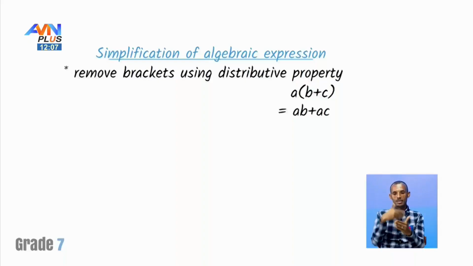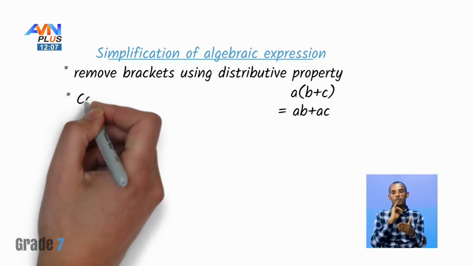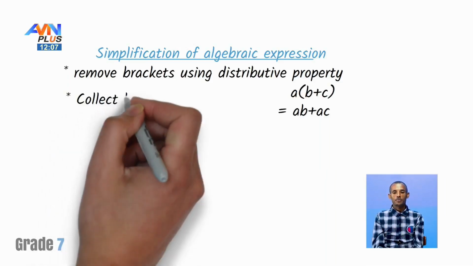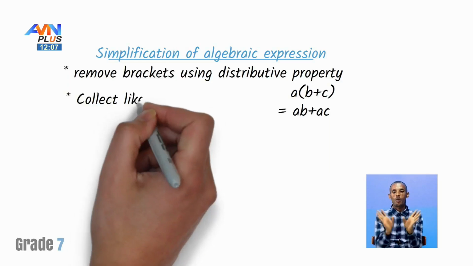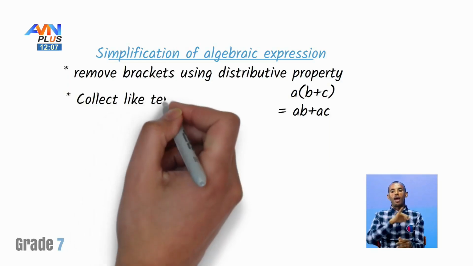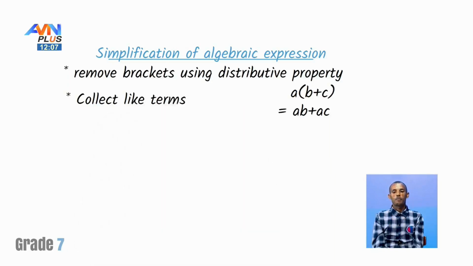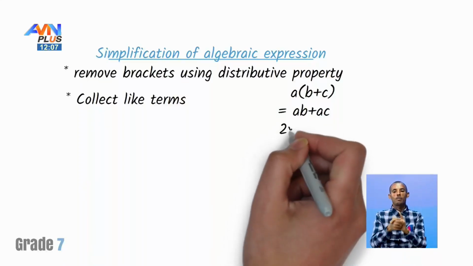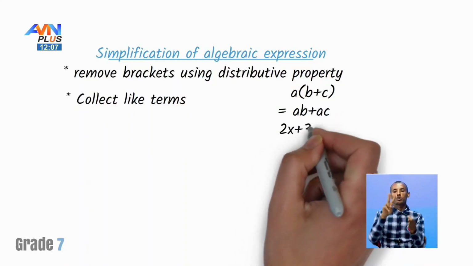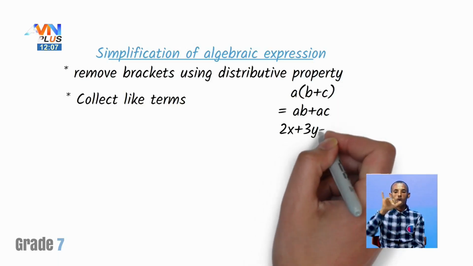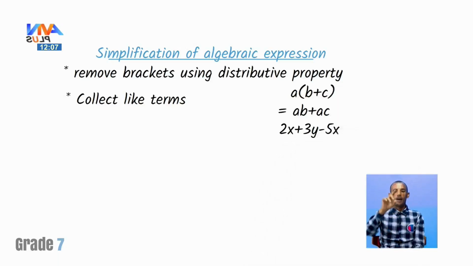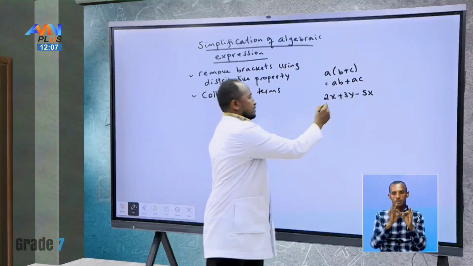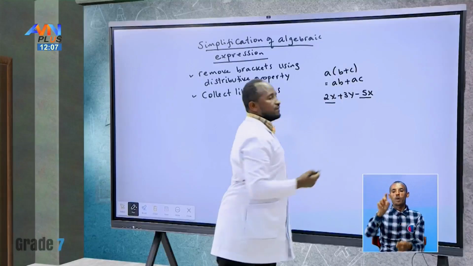Then the next step: collect like terms. This means, for example, if you have the expression 2x plus 3y minus 5x, the like terms are 2x and minus 5x.